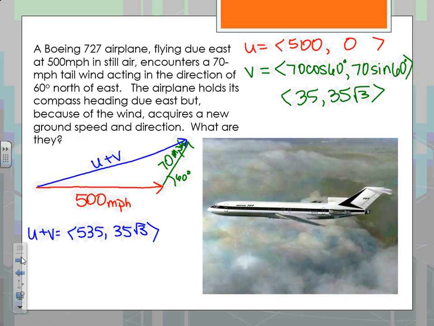Yep. But what about the vector? We have the vector. Is that what they're asking for? It wants the angle. Okay, ground speed is going to be the magnitude, and direction is going to be the angle. Which one would you like to tackle first? The magnitude.